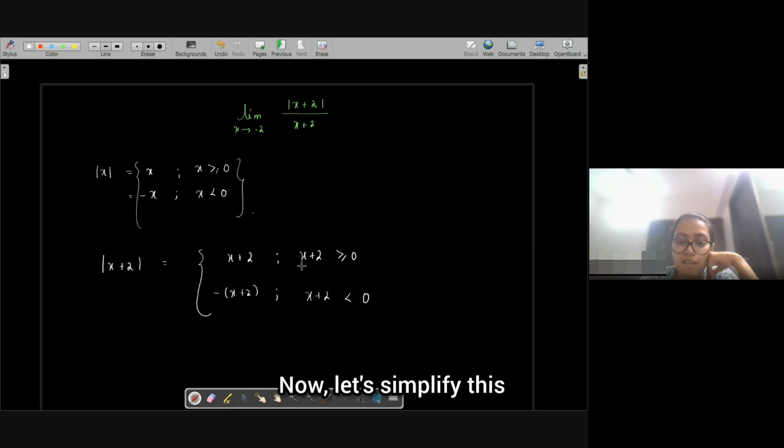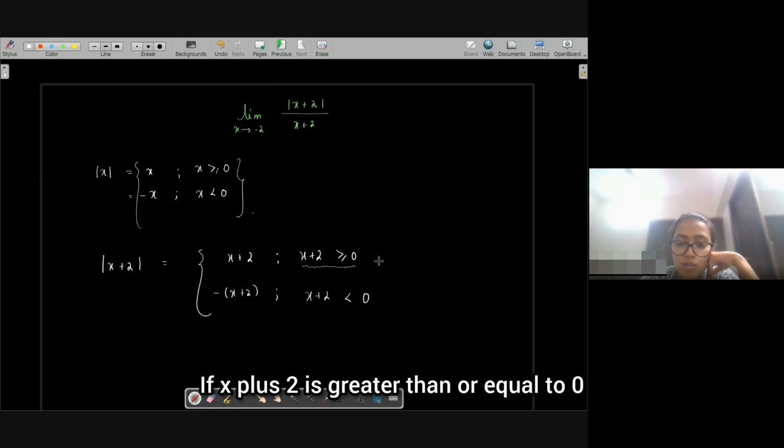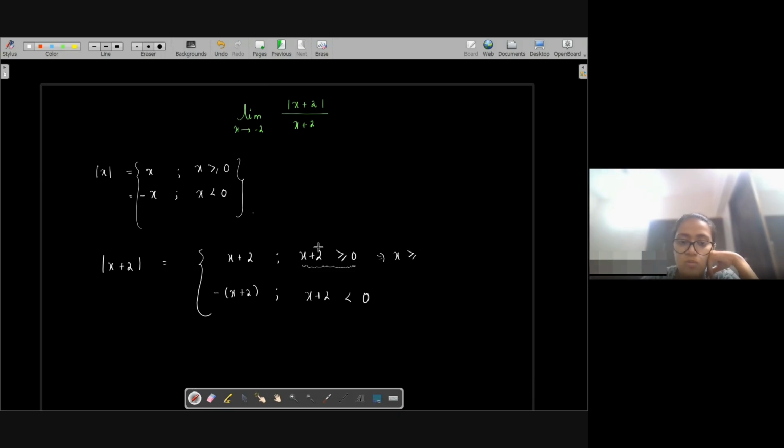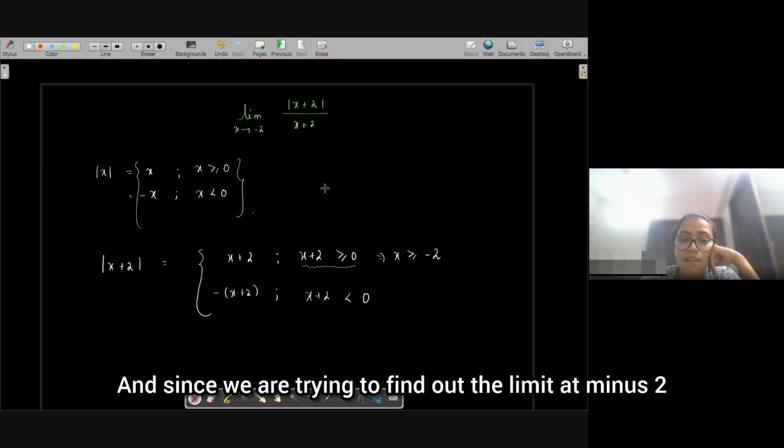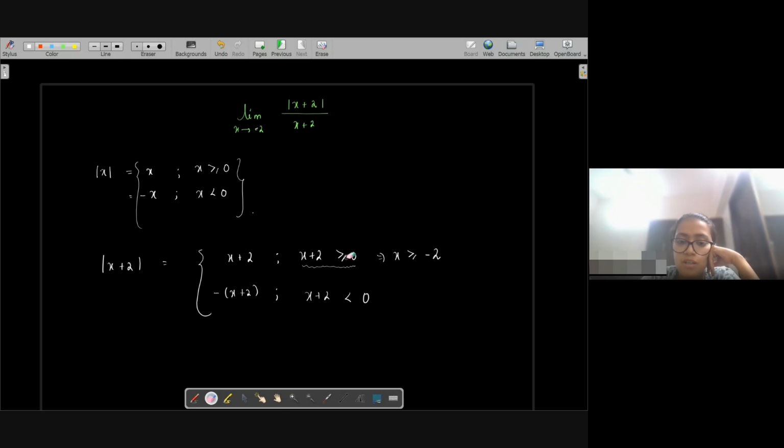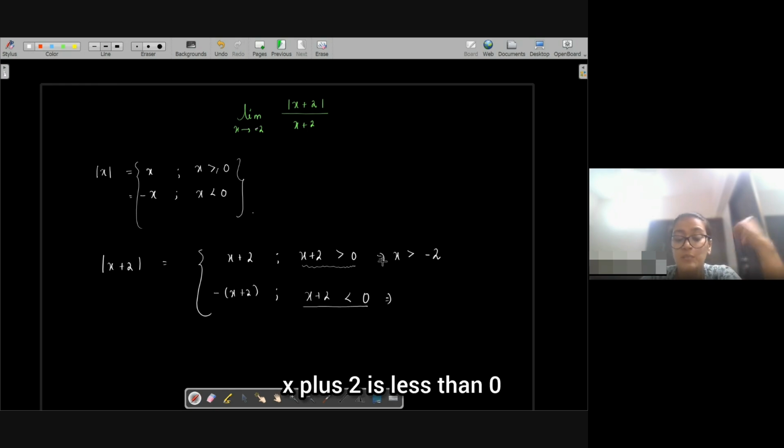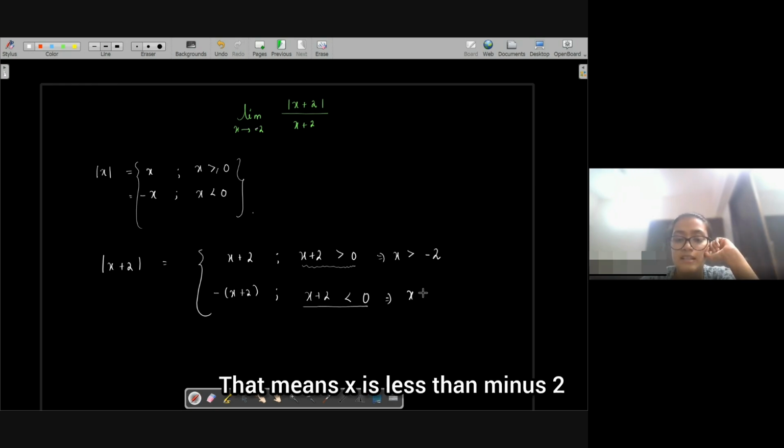Now, let's simplify this. If x plus 2 is greater than or equal to 0, that means x is greater than or equal to -2, right? And since we are trying to find the limit at -2, let's remove the inequality because we don't know what will happen at -2. And if x plus 2 is less than 0, that means x is less than -2.